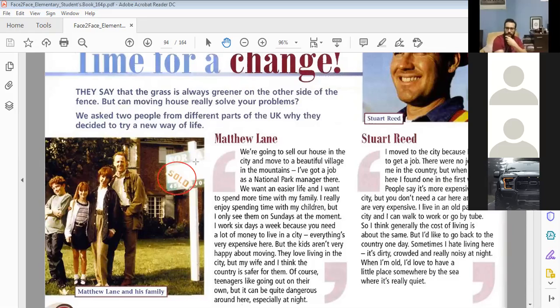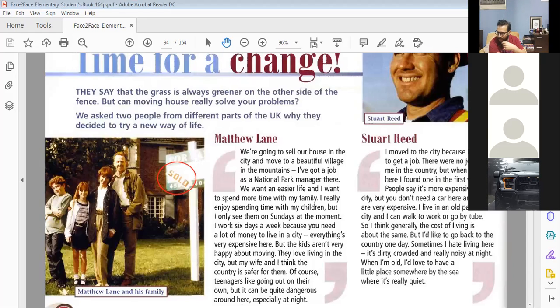So what does this mean, sold? For selling. Yeah, and what is sold? His home. So it means he sold his home in the city and he's going to move to the country, right? Yes. Okay.